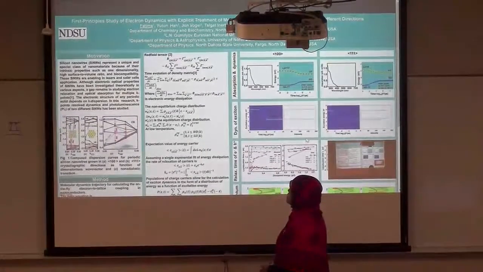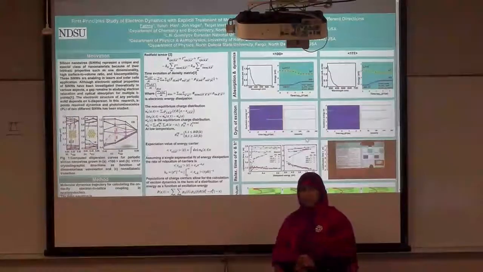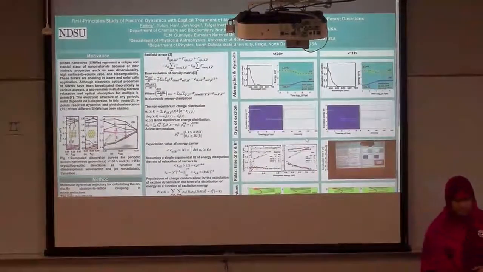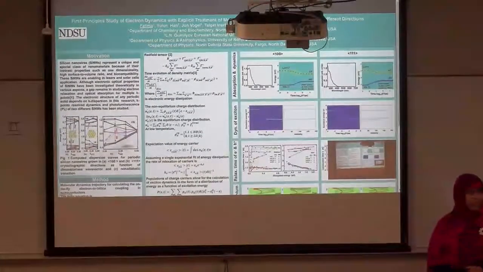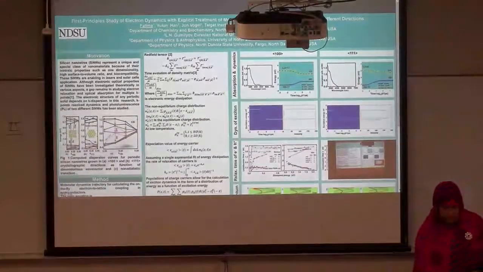Yeah. So we are interested in silicon nanowires because they have some optoelectronic properties such as band gap, radiative and non-radiative transitions. All of them depend on momentum dispersion along the growth direction.